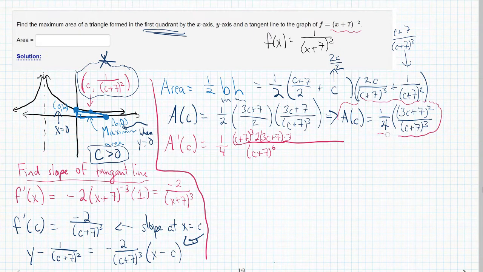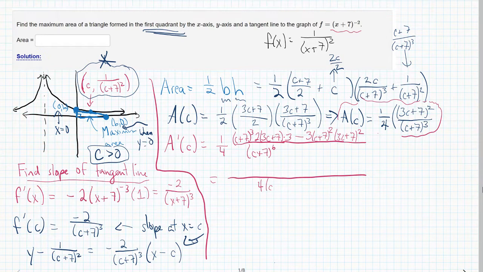And then this goes minus the derivative of the denominator, so it'll be (3c plus 7) squared. Notice derivative of the inside is 1, so I won't write that part. But then we have times (3c plus 7) squared. Okay?